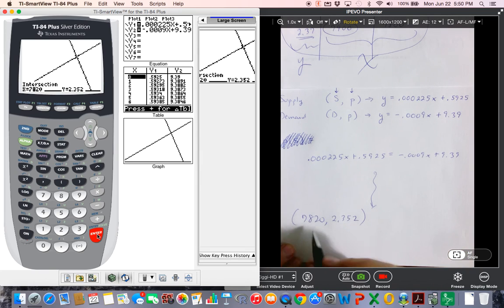So this says when you have 7,820 million bushels, the supply and demand are going to be equal. And that price, of course, is $2.35. All right, gang, that's all I got. Take care.